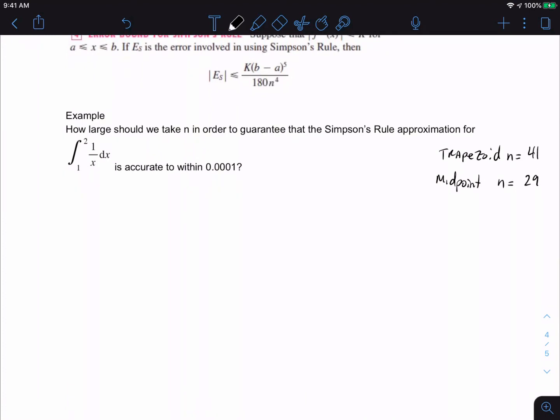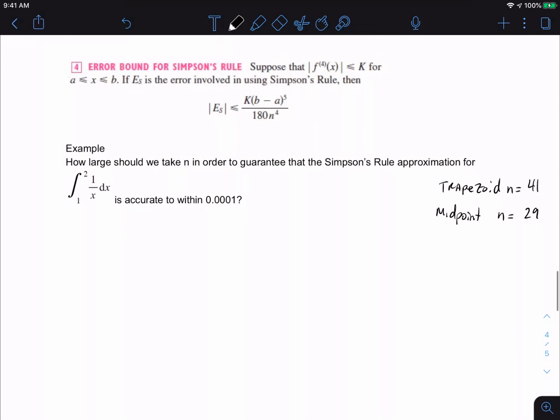Okay? So one thing we need to notice is with Simpson's rule, now we have to take the fourth derivative. You see that? That symbol means to take the fourth derivative. So Calc 1 becomes a big deal, right?